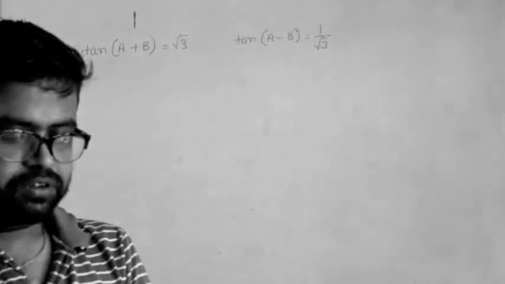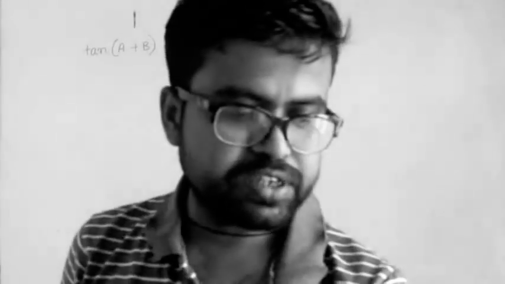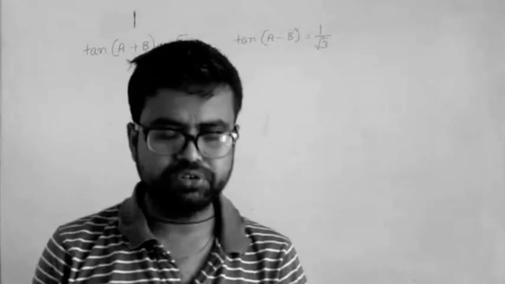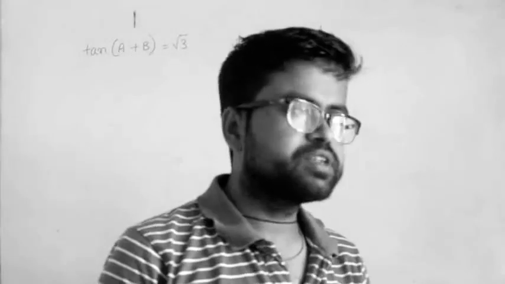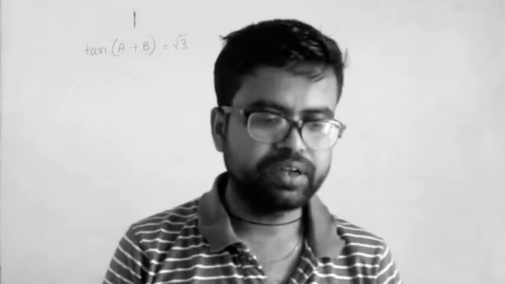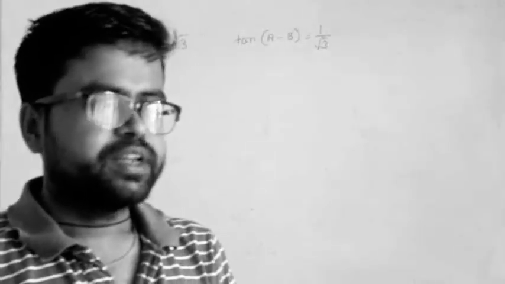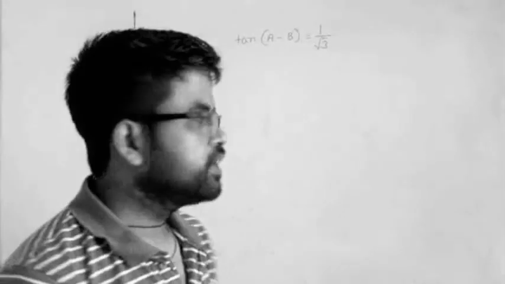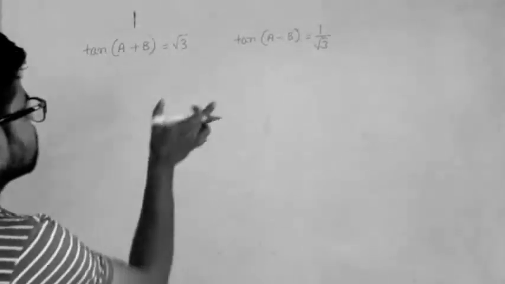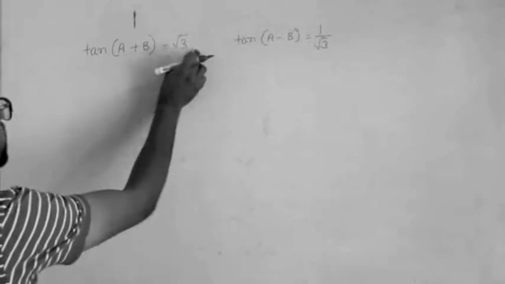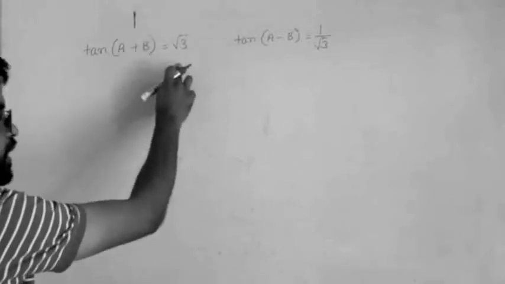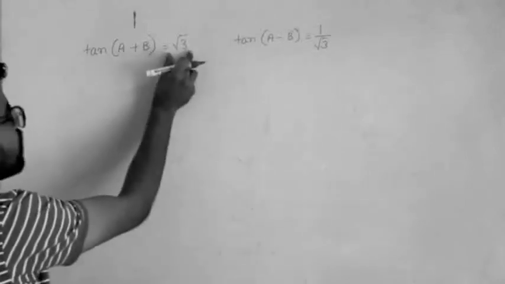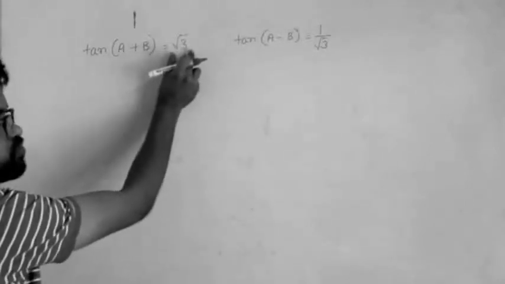So don't get confused by looking at this. It says that a plus b is less than or equal to 90 degree but greater than 0, so the sum of these two angles can be equal to 90 degree, but it is always greater than 0. And also a is greater than b. Now it is not a confusing state. Just see for what angle of tan, because on the left hand side you have tan, you get root 3.